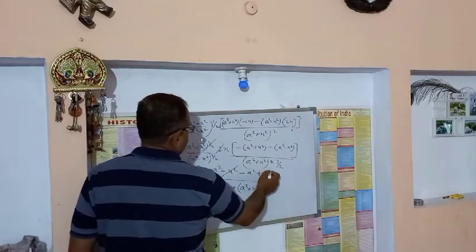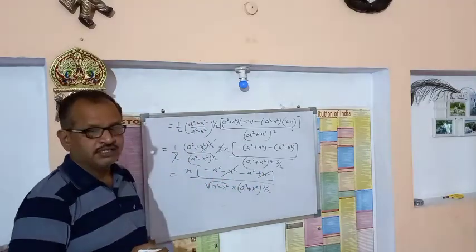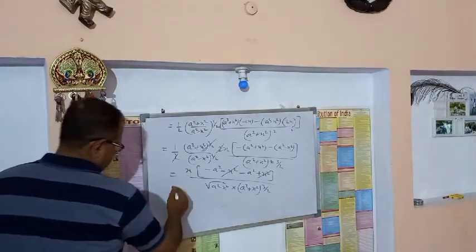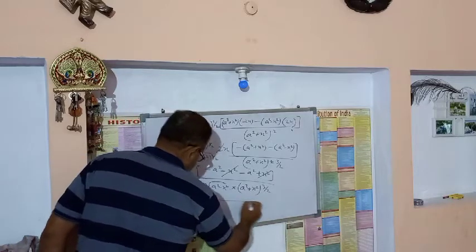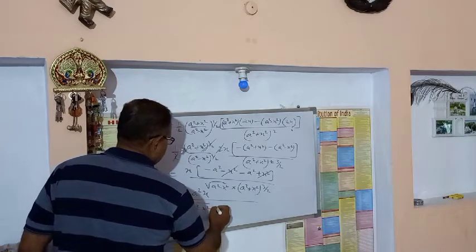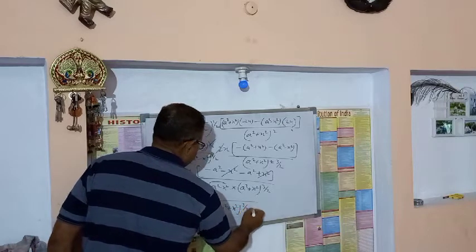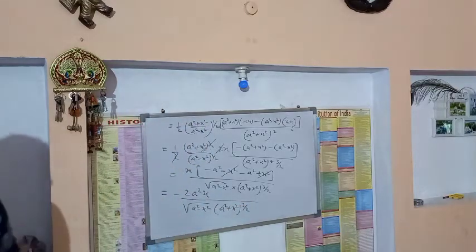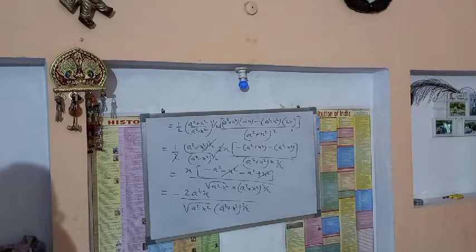So minus x square plus x square cancel. Minus a square minus a square, it is minus 2a square and into x. So we can write minus 2a square x whole upon under root a square minus x square into a square plus x square to the power 3 by 2. So it was question number 11.